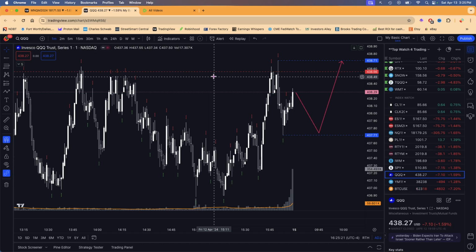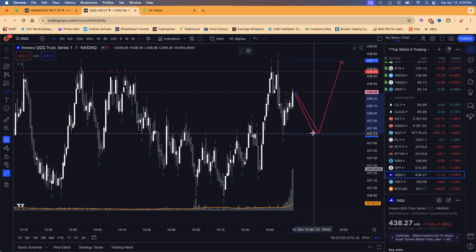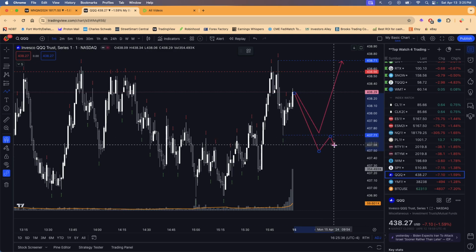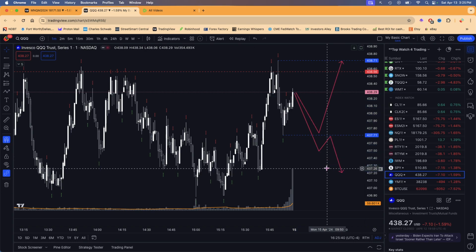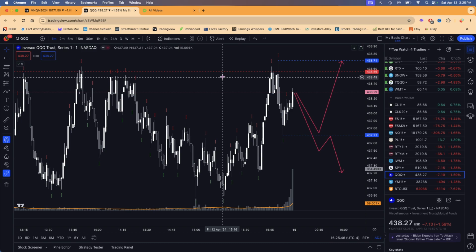That would be ideal. Or it can, of course, come down and break through, at which point you would want it to find resistance there and go down for a short play. That's kind of how you do it, and it keeps your chart nice and simple.